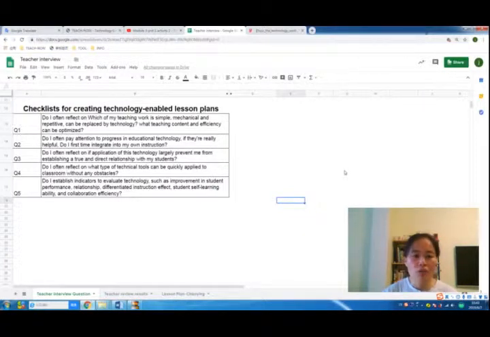Do I establish indicators to evaluate technology, such as improvement in students' performance, relationship, differentiated instruction effects, students' self-learning ability, and collaboration efficiency? The first two are related to what I can do, and the last three questions are about the technology's effect and how to measure it.